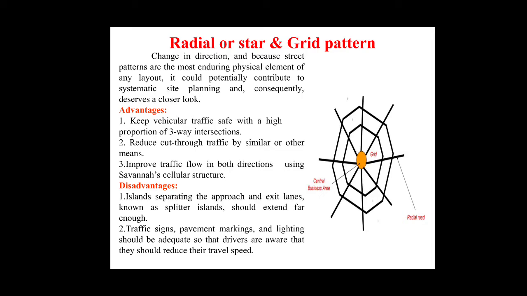The limitation or the disadvantage is that islands separating the approach and exit lanes, known as the splitter islands, should extend far enough, and the traffic signs, pavement markings and lighting should be adequate so that the drivers are aware that they should reduce their travel speed.